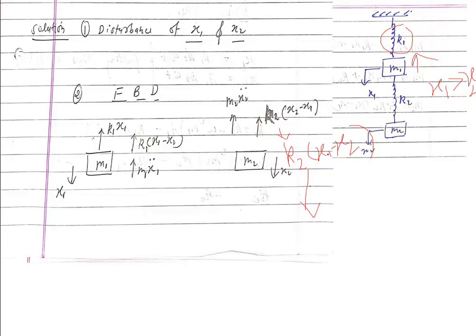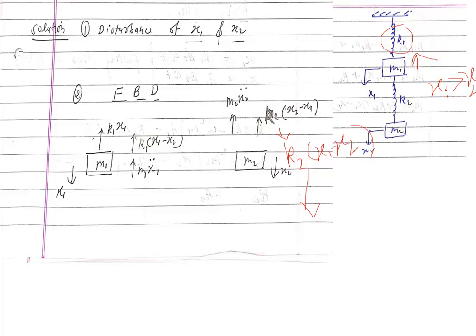Why is x1 minus x2 downward? Because this spring is in compression, so in a compressed spring this mass will be pulled down by this spring. So the spring force of this spring will be applied on m2 in the downward direction, because it is in compression. So the total spring force will be k2 x1 minus x2.